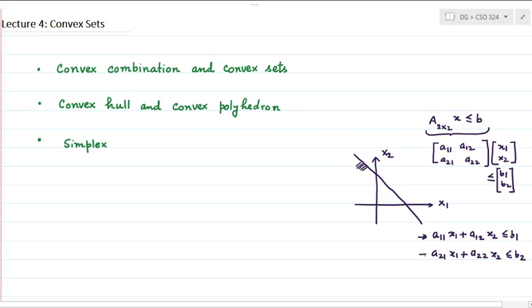Similarly, corresponding to the second inequality, you will have another region, let's suppose this much, this side of the line a21 x1 plus a22 x2 equal to b2. Fine. And therefore, what is the region in the R2 space given by these two inequalities? It is nothing but the intersection of two half spaces.